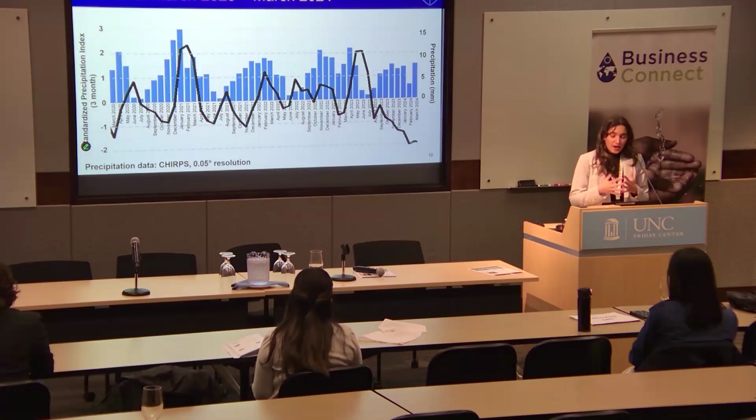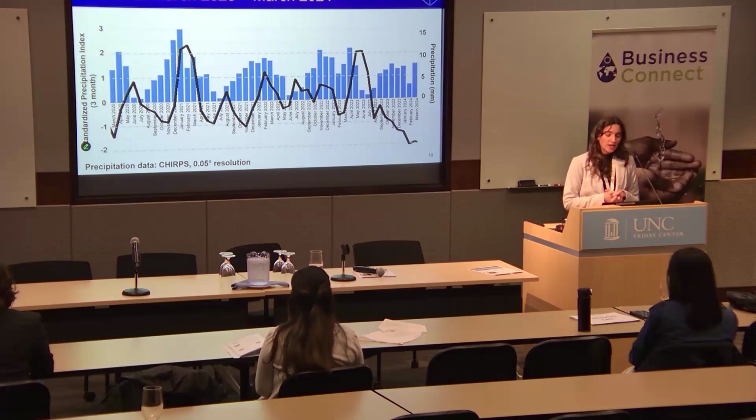And then in addition to our average precipitation data, we calculated drought and wet periods using something called the Standardized Precipitation Index, or SPI. And this is a widely used indicator that quantifies the departure of precipitation from historical averages for a given location and time scale. So it essentially measures how much the observed precipitation deviates from the long-term mean, expressed in standard deviations.